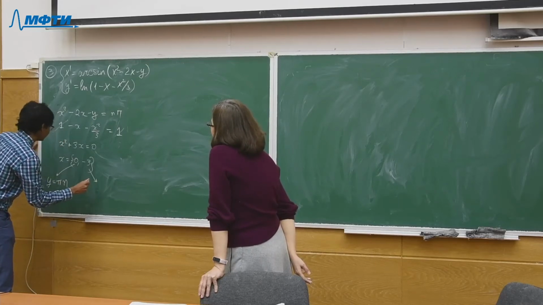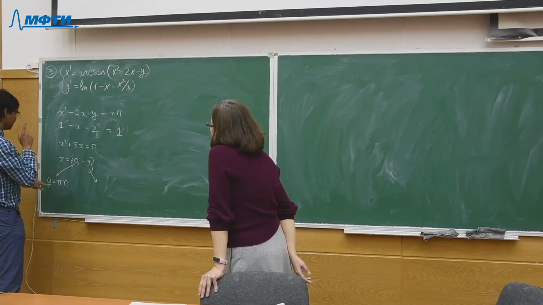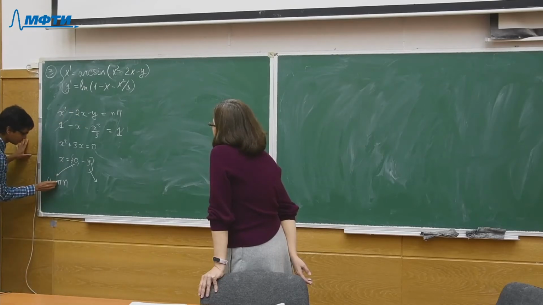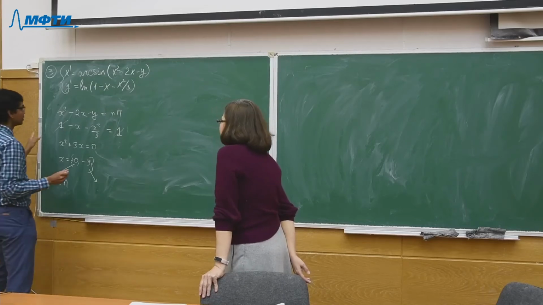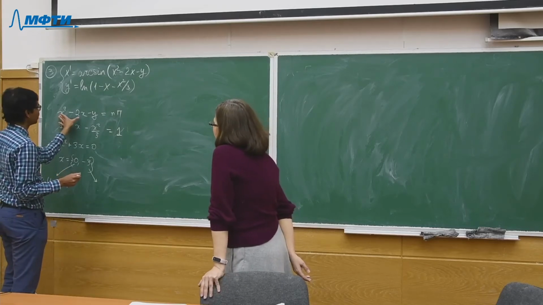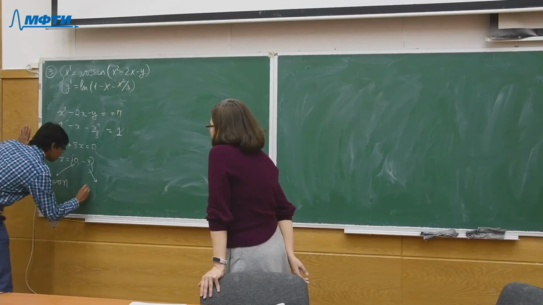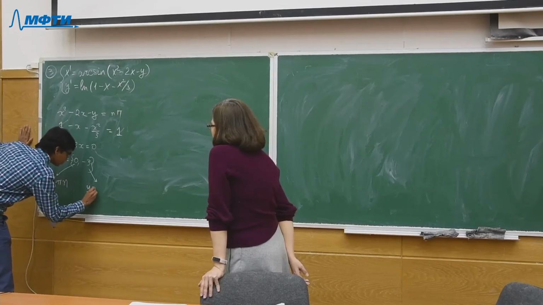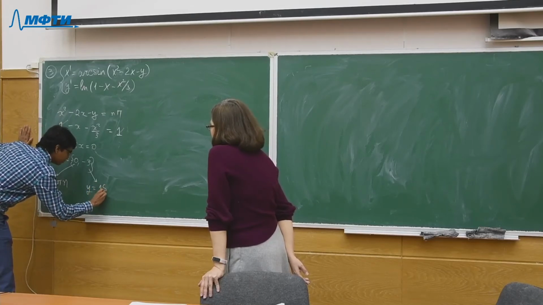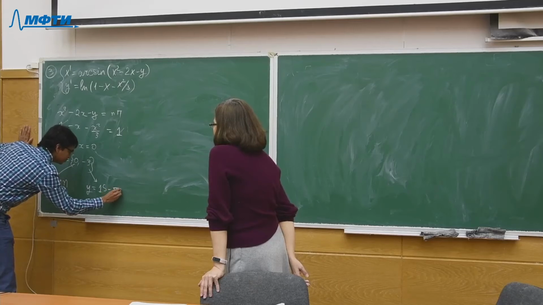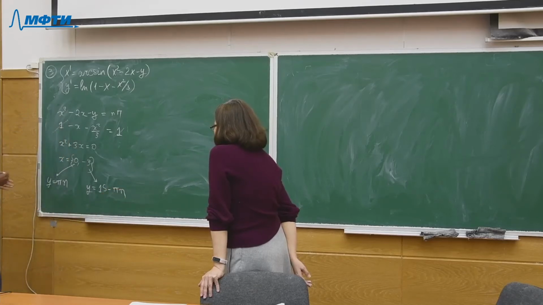No, wait, just a second. Well, this is minus. Minus pi n, yes. And then 15, so minus 15 pi minus n, yes. Y equals 15 minus pi n. Yes.